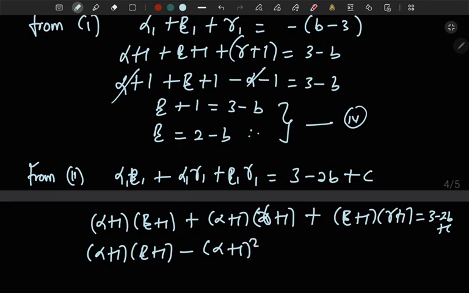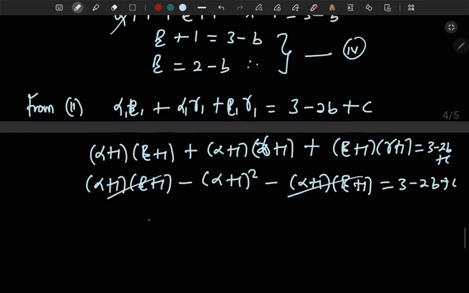Then likewise what you have here, this should be alpha plus 1 then beta plus 1 equals 3 minus 2b plus c. So eventually this cancels this. Now you're left with minus alpha plus 1 squared equals 3 minus 2b plus c. Okay, so this is this. Let's call this equation 5.